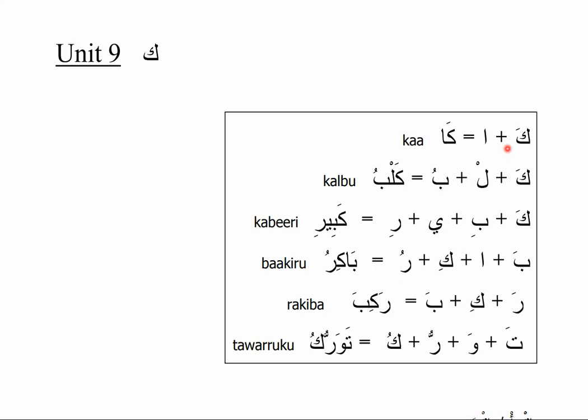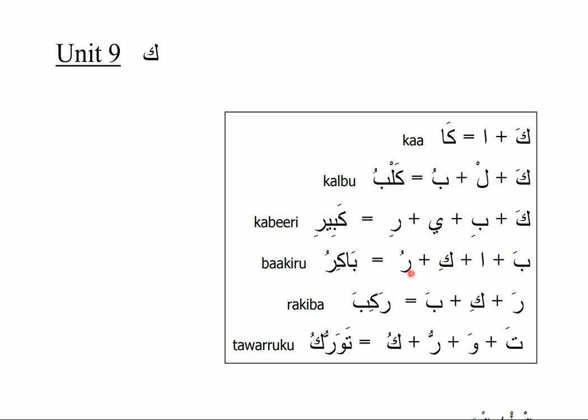Kaf with fatha and alif, ka, kaf fatha lam sukun, kal, and ba dhamma, it's kalbu. Kalbu means dog. Kaf fatha ba kasra and the long vowel, kabi, ra kasra, kabiri. Ba, fatha and alif, it is a long vowel, so the sound will be prolonged. Ba, kiru.